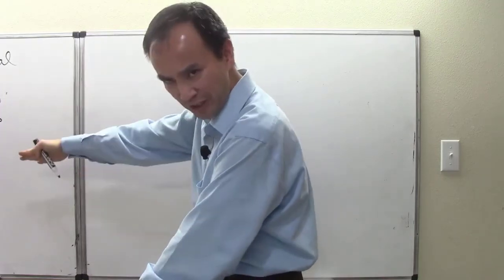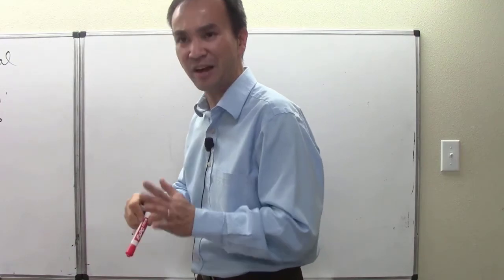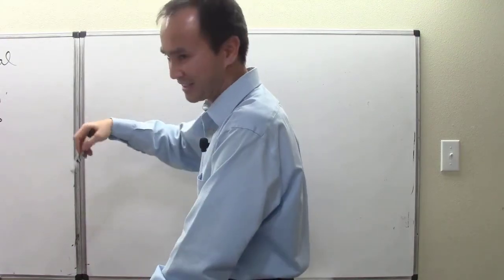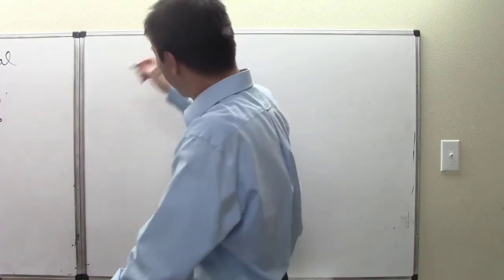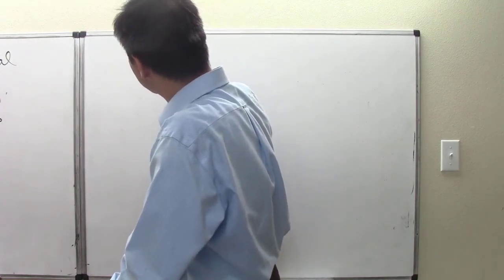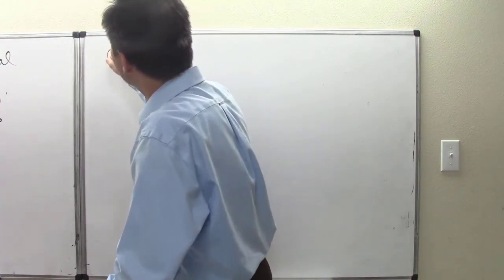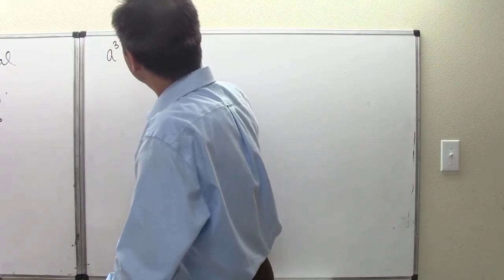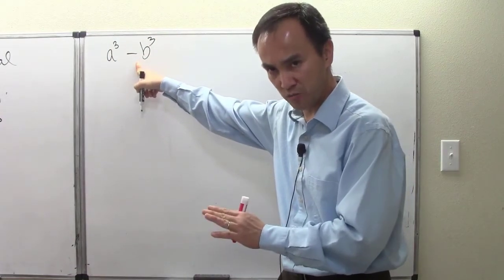So for this particular problem, let me introduce this algebraic identity that you have seen in your previous course, but it's easy to understand that it's faded away already. So if we're looking at the difference between a cubed and b cubed right here, so a cubed minus b cubed.